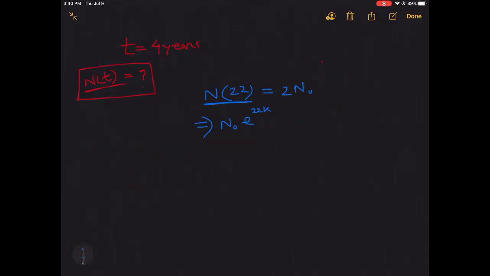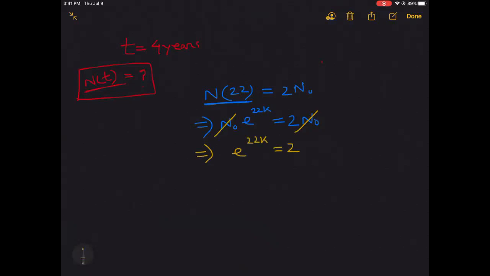T is 22 here, so I've written 22K. Do you agree? And of course, on my right, I had 2 N naught. Okay, so now I can cancel out these N naughts. So e to the 22K will be 2.